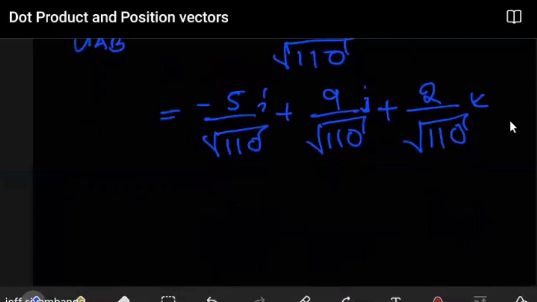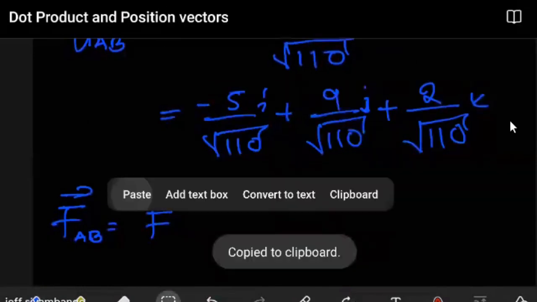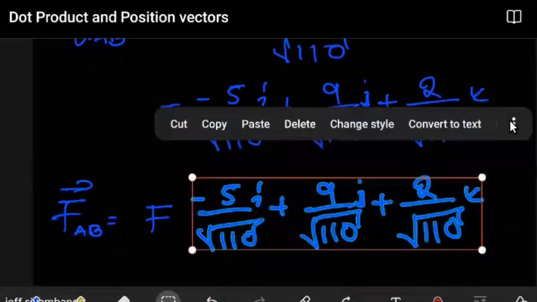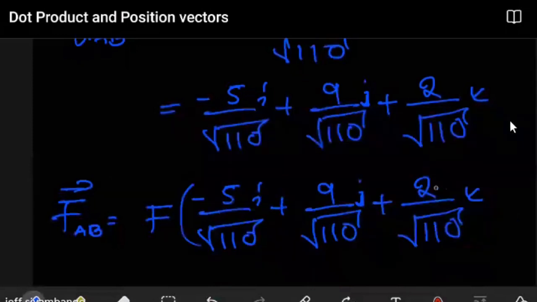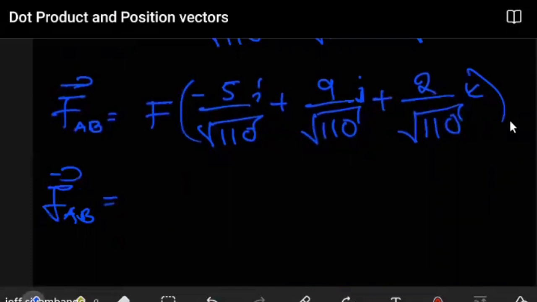So we know the force that is given from A to B will just be equal to whatever the magnitude of F is, since they've just given it as F, then multiplying this quantity here. This is what the force is. So you can even say that FAB is just equal to this.